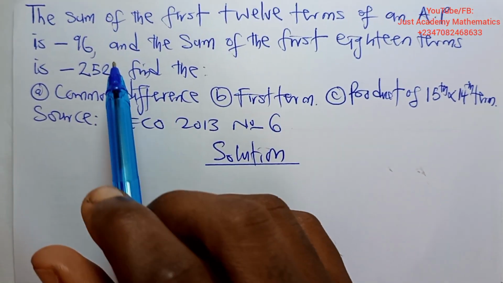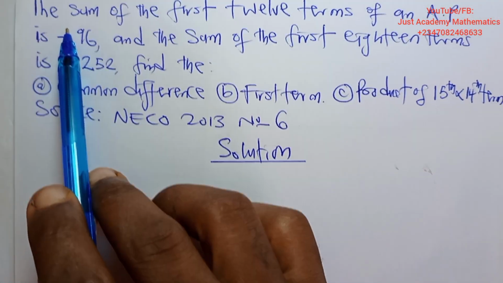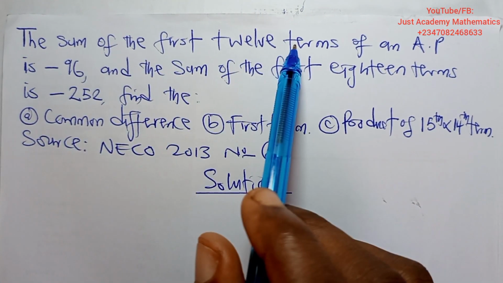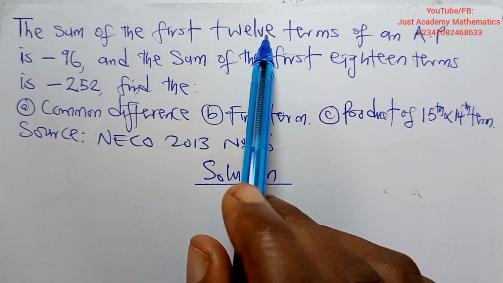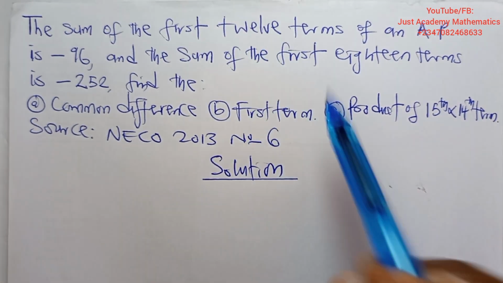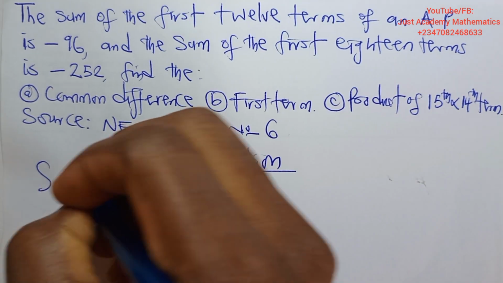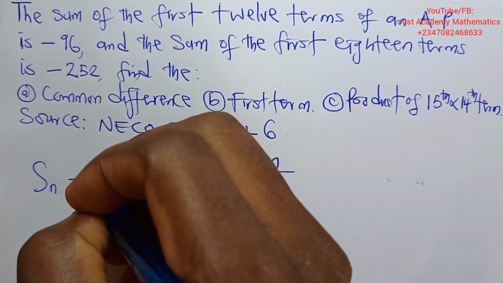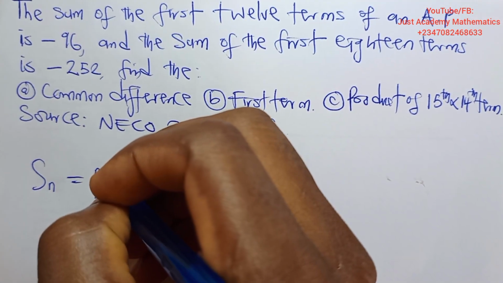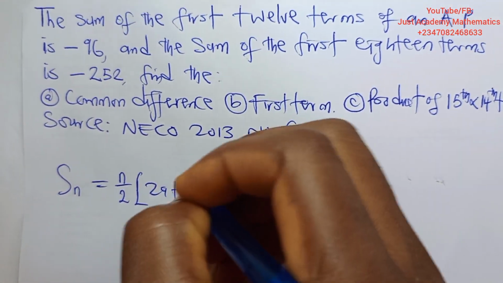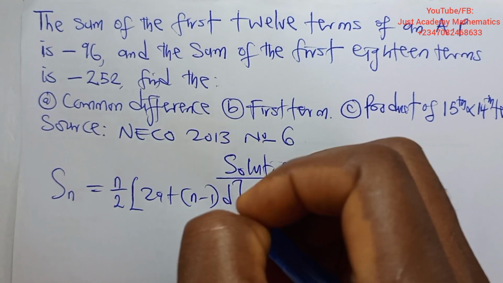Now, it will not be ideal to start adding the first, second, third terms up to the sum of the first 12. No. Instead, we can use the sum formula. We know that the sum of n terms is equal to n over 2 bracket 2a plus n minus 1 times d.